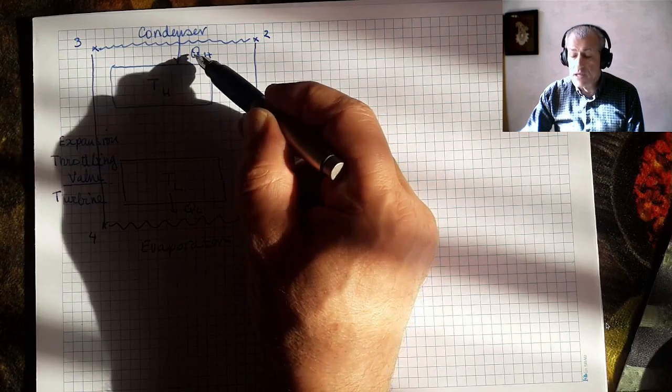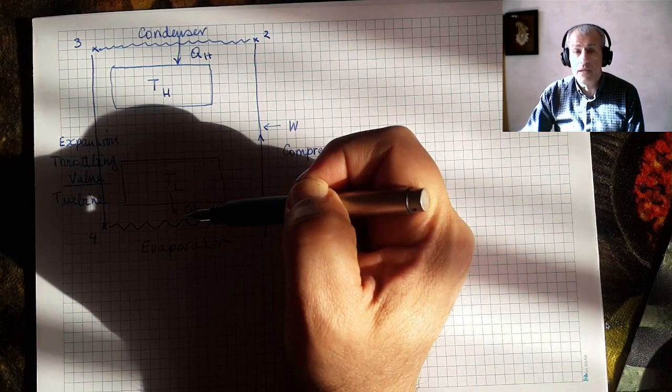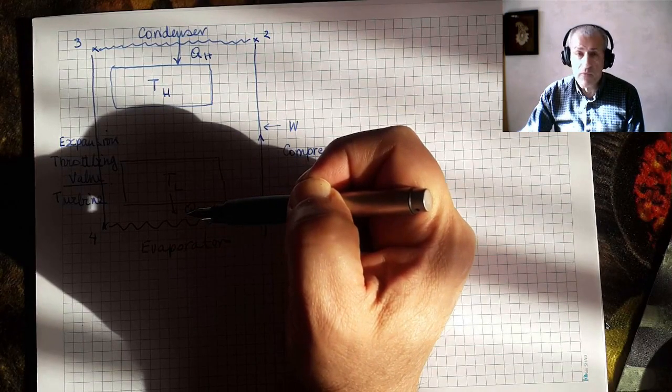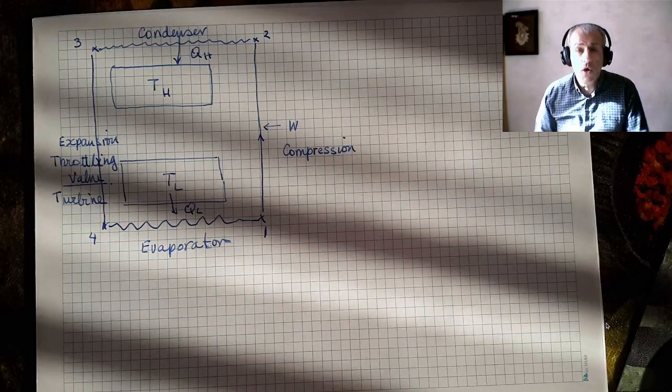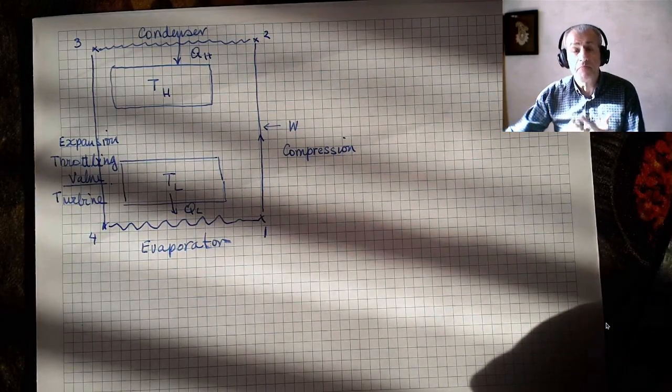So this QH and this QL could happen in practice. Now, once we know how this idea works, then we would see how in practice they produce it.